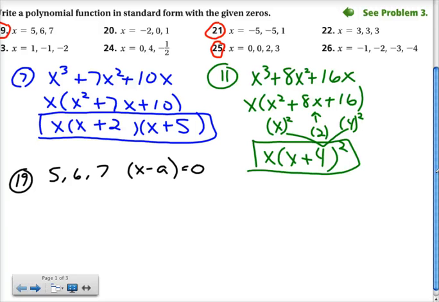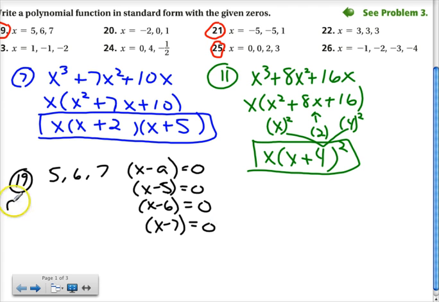So in this case, one of those had to be x minus 5, because if you solve that, you're going to get 5. And then one of them had to be x minus 6 in order to get a solution of 6. And the other one had to be x minus 7.